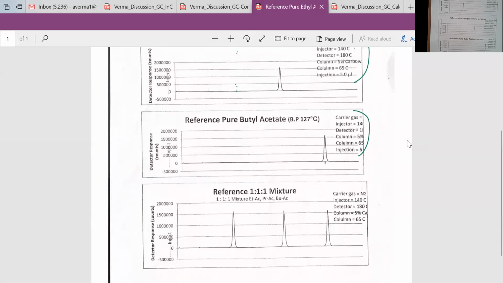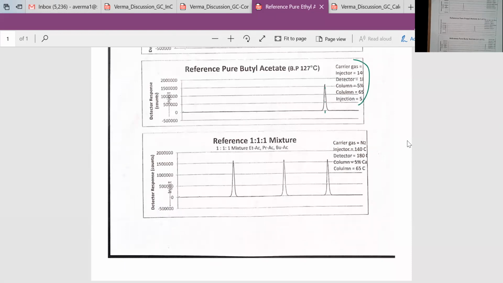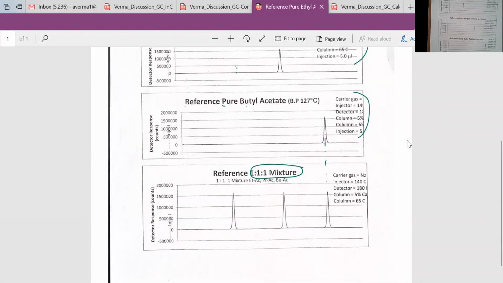Keeping all the conditions exactly the same, if instead of injecting pure materials, we now inject a 1:1:1 mixture of all three compounds, they will appear at their own retention time.